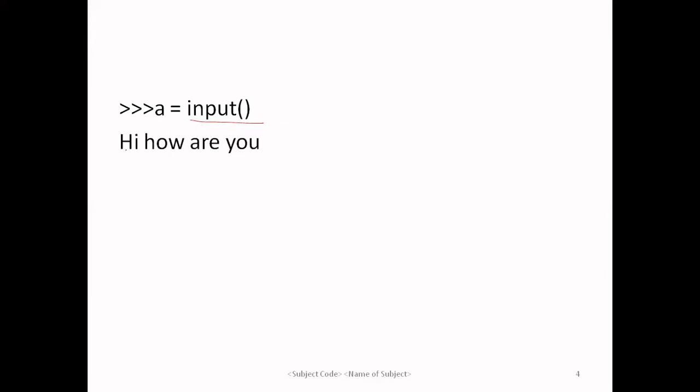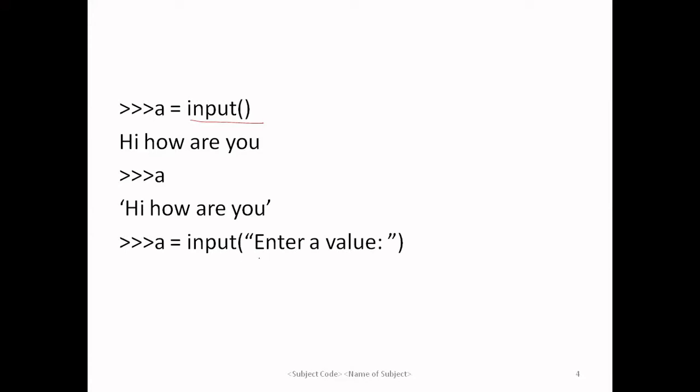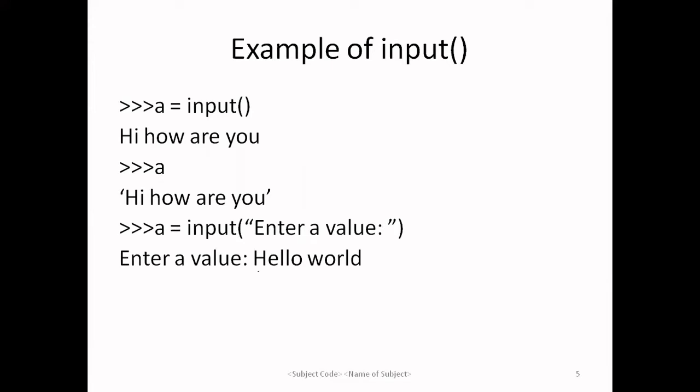So in the standard input device, we will have to write some value or string, and suppose we write "hi, how are you", this string will be stored in variable a, and later when we use this variable, we will get the same string as the output. And if we provide a prompt string inside this input function, this string will first be displayed, and after that we can write any value.